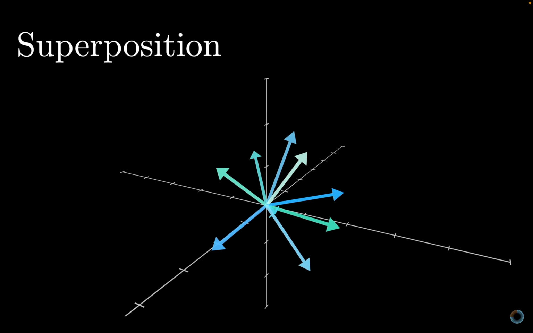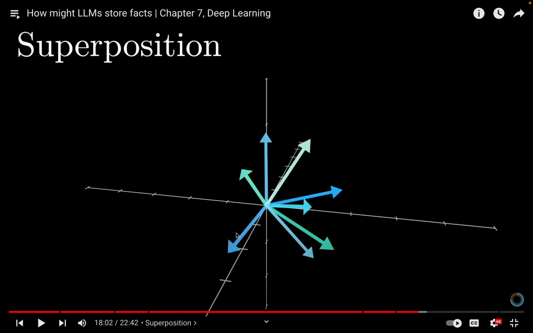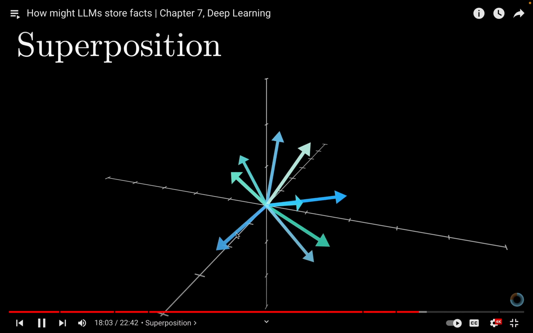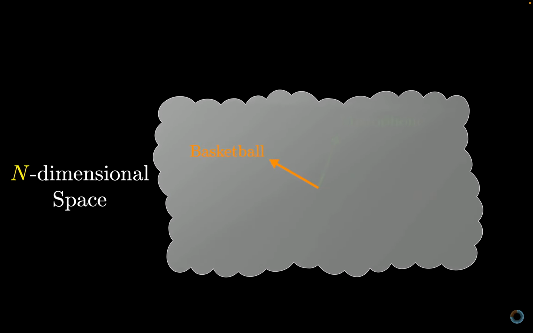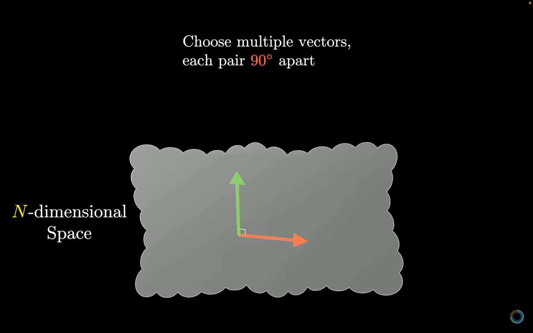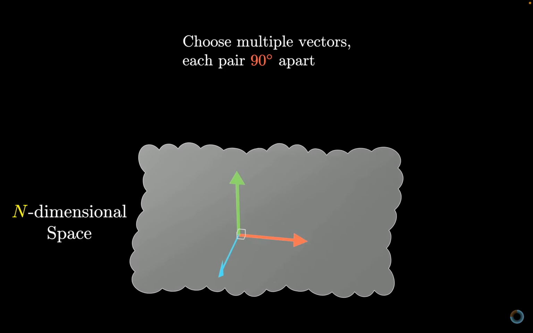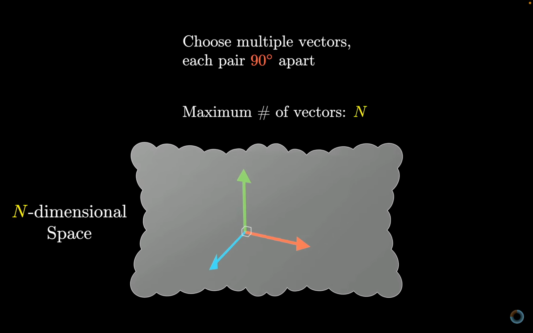The basic idea is that if you have an n-dimensional space and you want to represent a bunch of different features using directions that are all perpendicular to one another in that space, that way if you add a component in one direction, it doesn't influence any of the other directions, then the maximum number of vectors you can fit is only n, the number of dimensions.